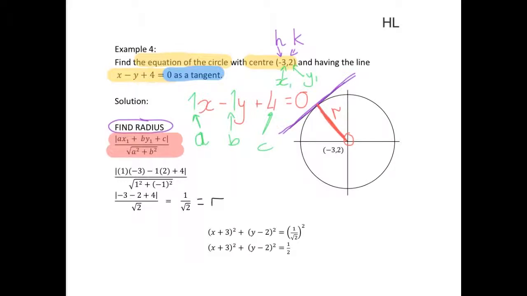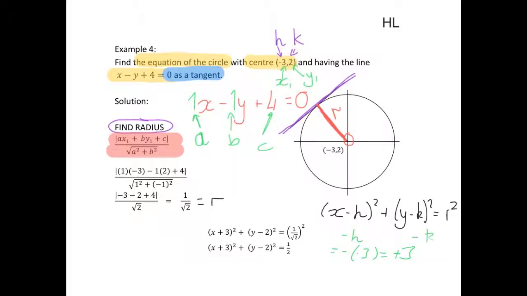Then it's just a matter of plugging these values into our general equation, which we recall is (x minus h) squared plus (y minus k) squared equals r squared. Minus h will be equal to minus -3, which is plus 3. So that's why it's x plus 3 squared here.